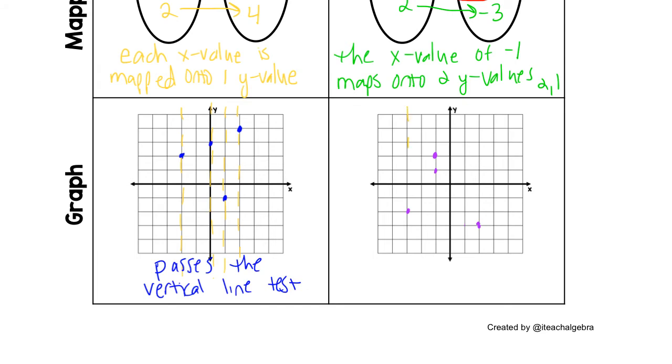We're going to draw these same lines vertically through each point in our relation. So that one only hits 1. Well, that one is the problem. That one goes through 2. So anytime our vertical lines go through 2 points, the relation is not a function. So this is no because it does not pass the vertical line test. Okay?